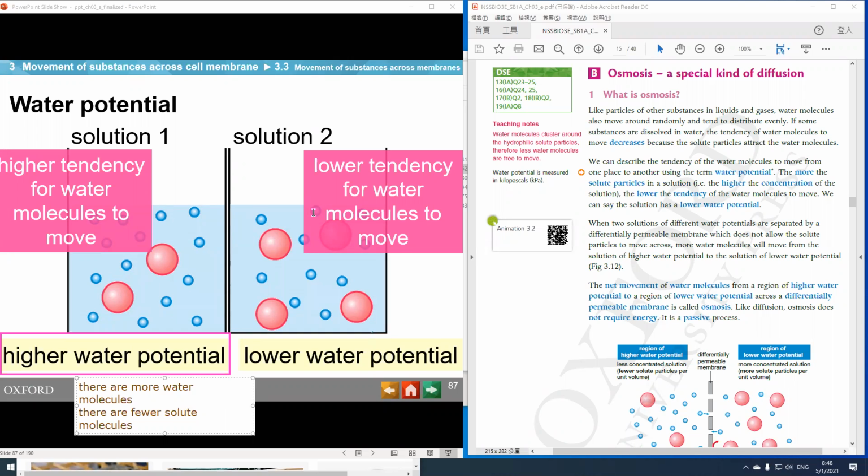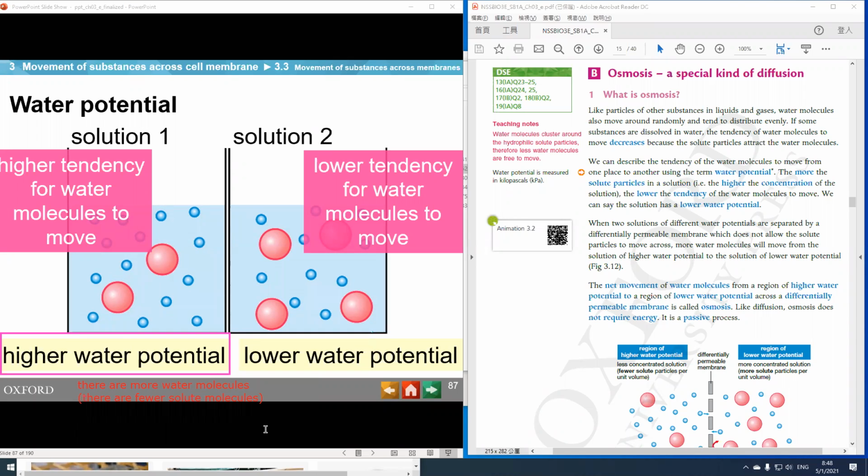So remember this definition. High water potential is defined as more water molecules or fewer solute molecules. Okay.